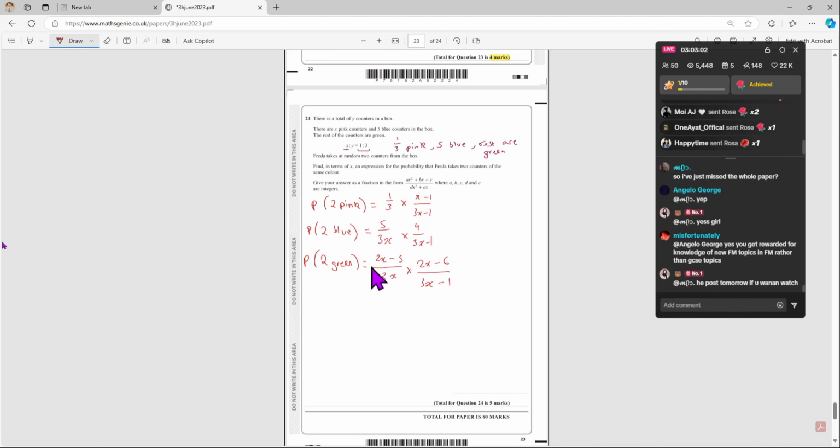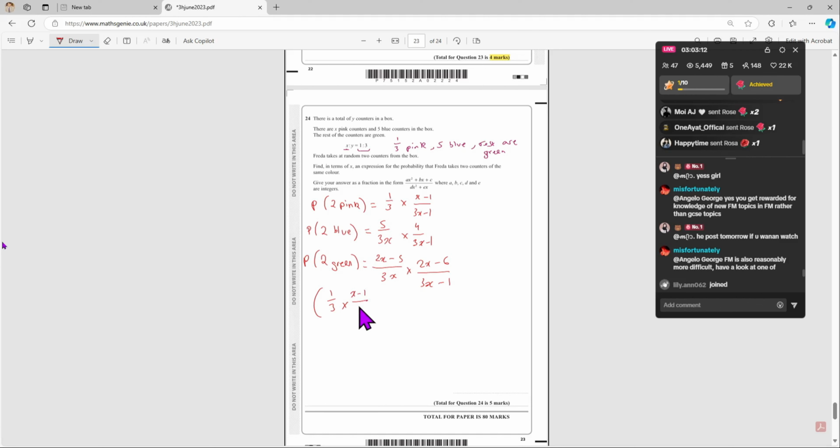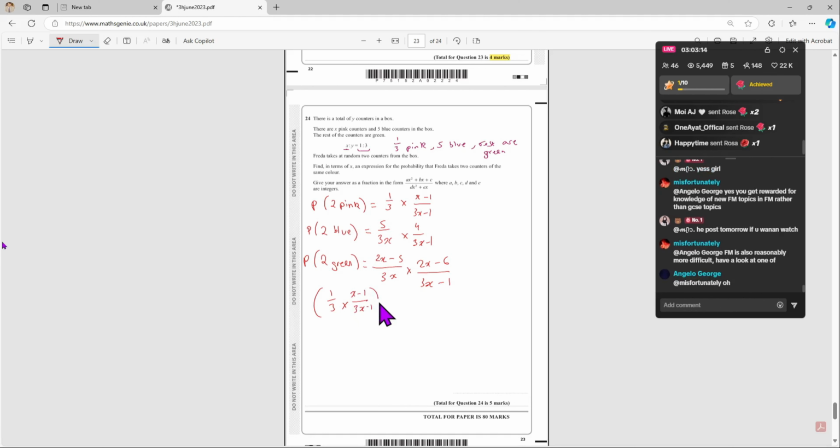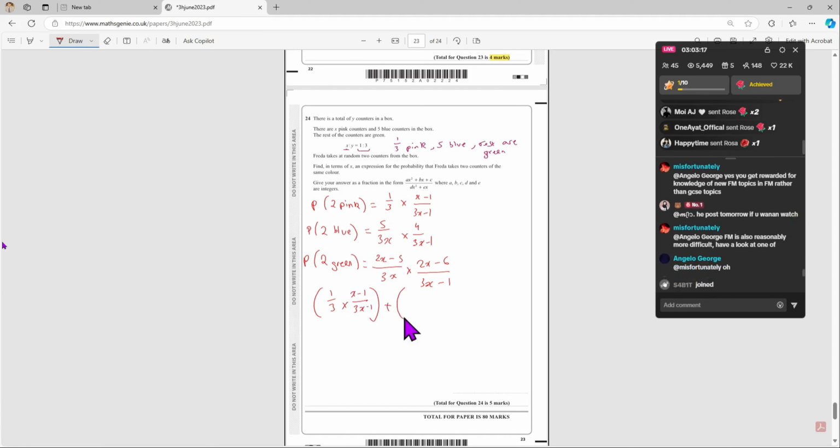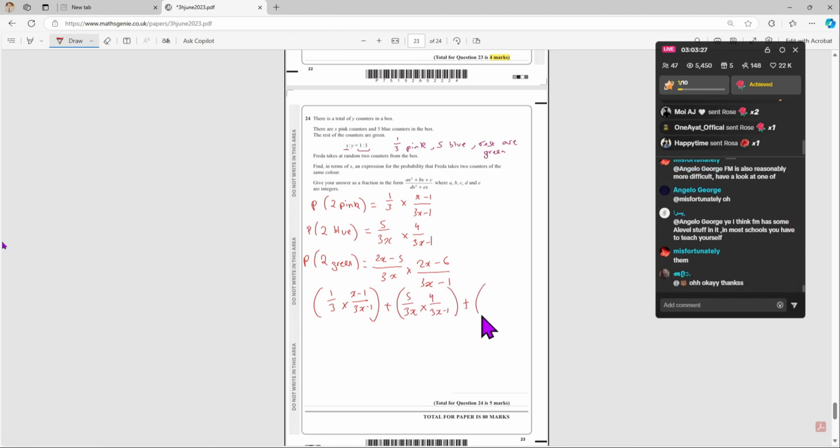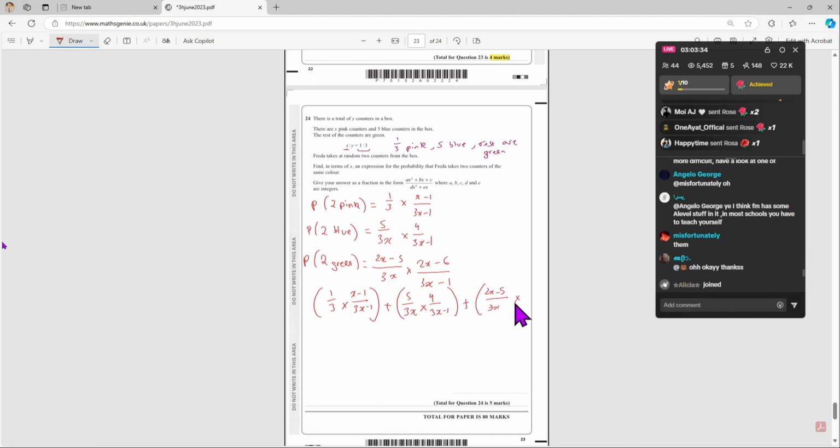So it's going to be 1 over 3 times x minus 1 over 3x minus 1, the probability of getting 2 pinks, plus 5 over 3x times 4 over 3x minus 1, then plus 2x minus 5 over 3x times 2x minus 6 over 3x minus 1.